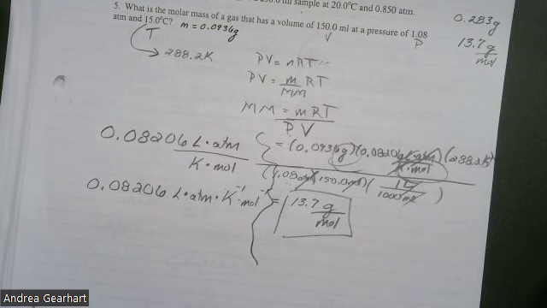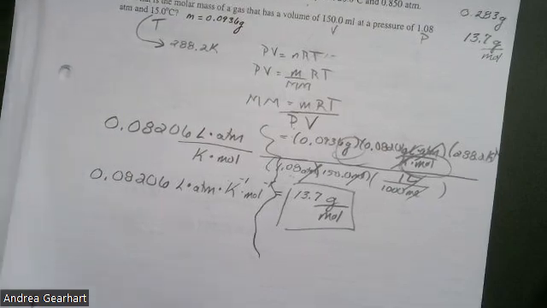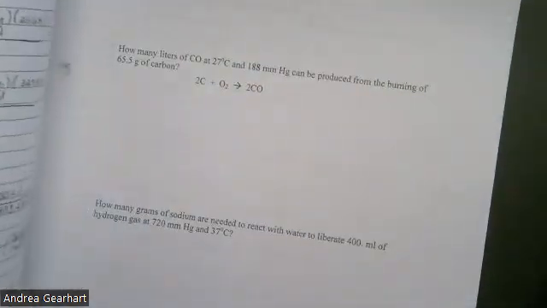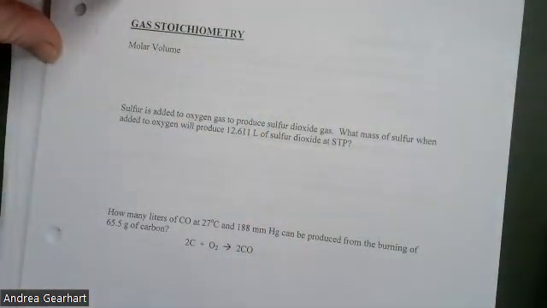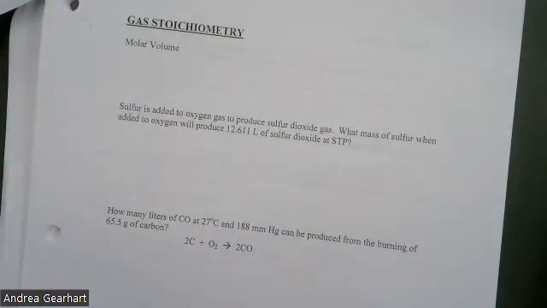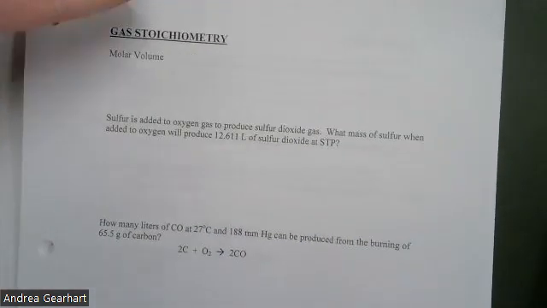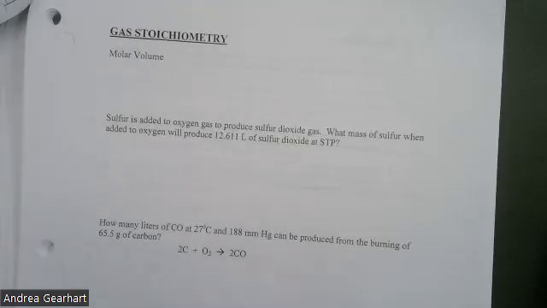Okay, Dylan, I know you've been so excited for this, so we're finally there. If we turn our page, oh! So we've done stoichiometry with gases in chapter 3, but we never dealt with their volume.